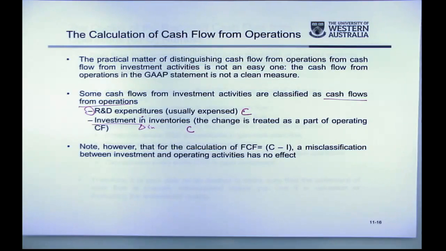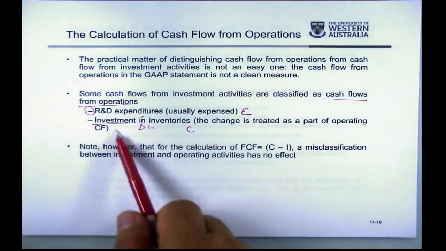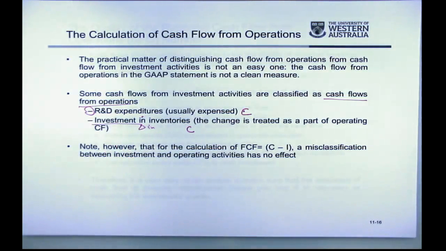For some firms, the change in inventory maybe is the most important investment and should be included in the calculation of I. However, when you calculate the free cash flow, it doesn't matter if you report these under C or I. Why is that?